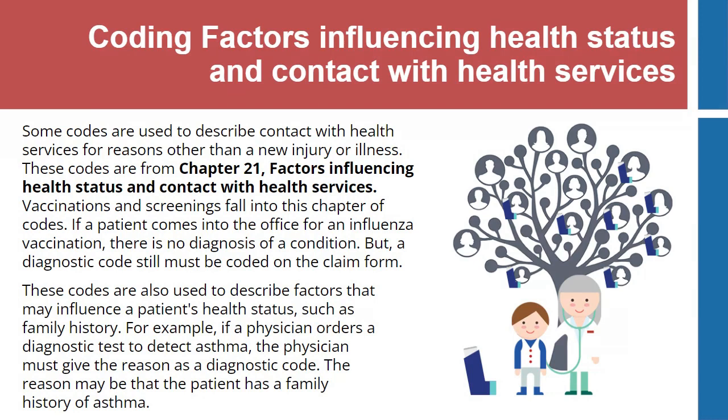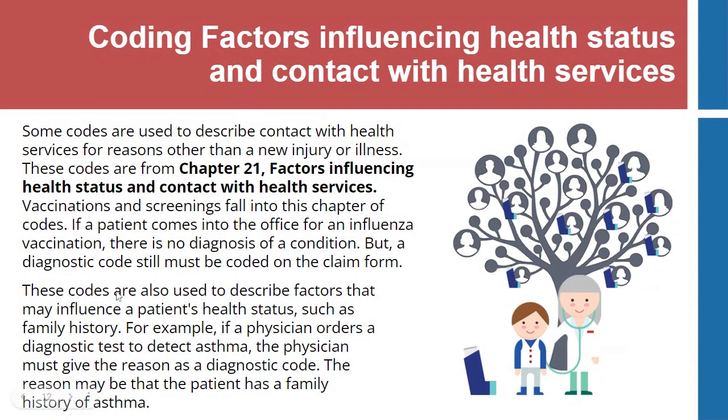So you're going to choose the appropriate diagnosis code that the patient just came in for a physical, like a well woman exam or a pediatric physical. Or maybe the person needed a vaccination. There are certain codes that indicate that, and that is the primary diagnosis code. There's nothing wrong. They don't have any pain, no diseases or anything like that. They simply came in for their routine visit, vaccination, or screening.